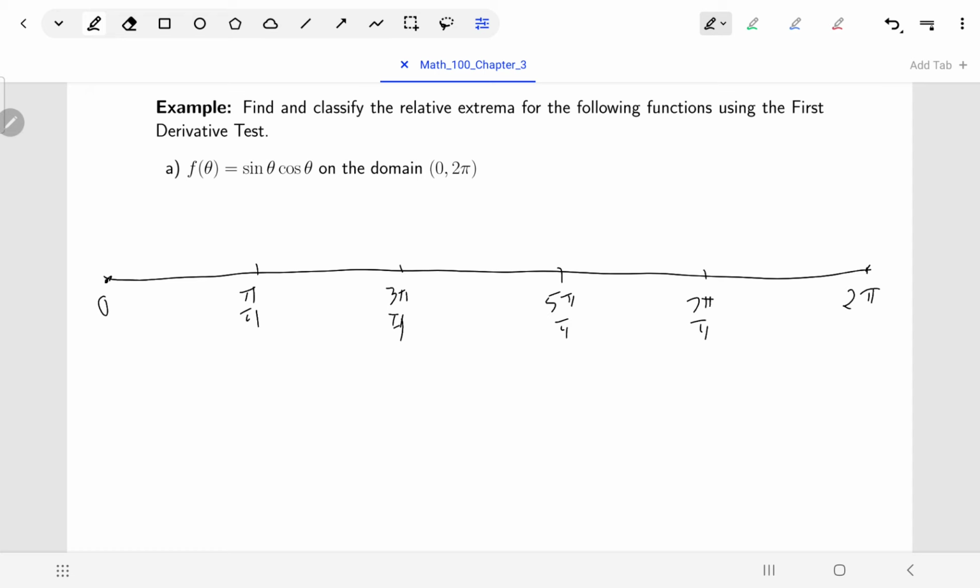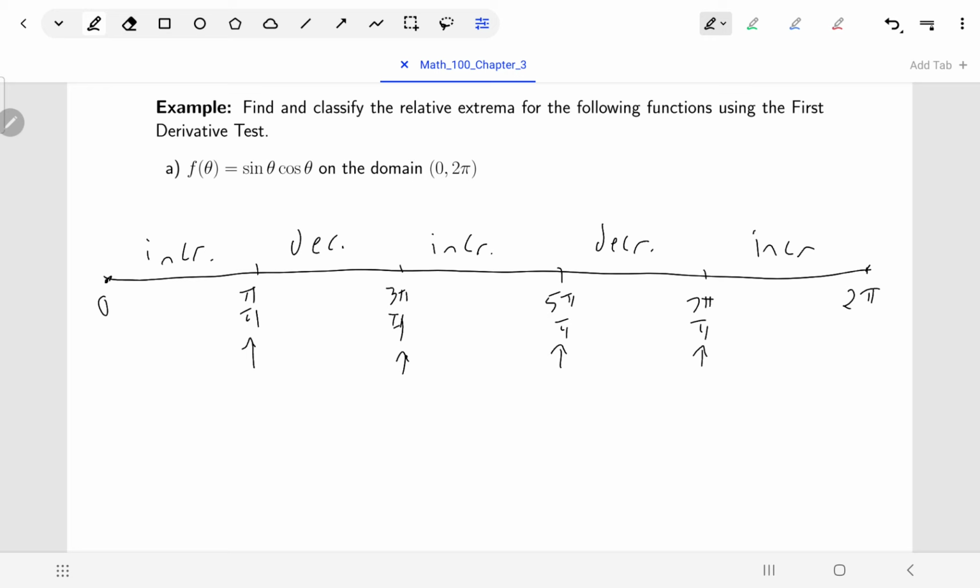And we also found that it was increasing, followed by decreasing, followed by increasing, followed by decreasing, and followed by increasing. So now we can say, well, number one, we have a continuous function. That was one of the things that we needed for the first derivative test. We needed to know where the critical numbers were, and it needed to be continuous at that critical number. And for sure, we're continuous at all of those points.